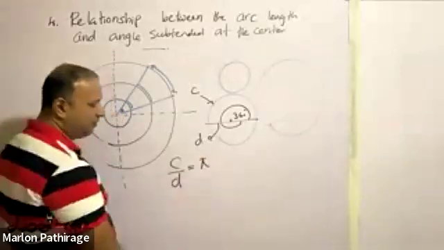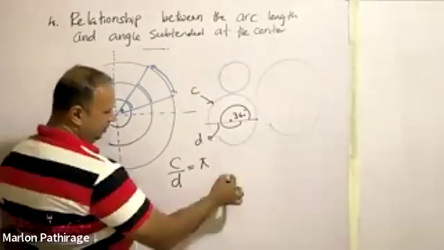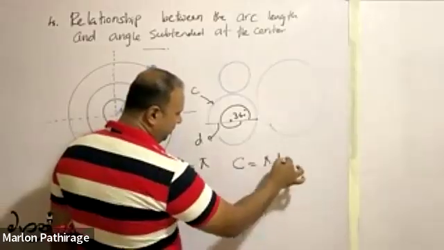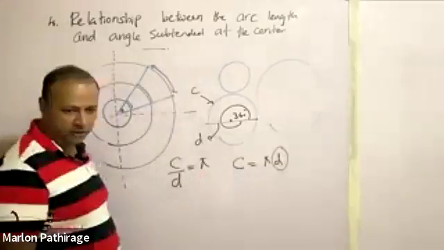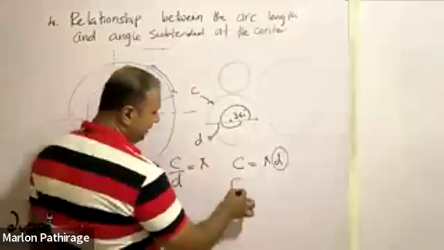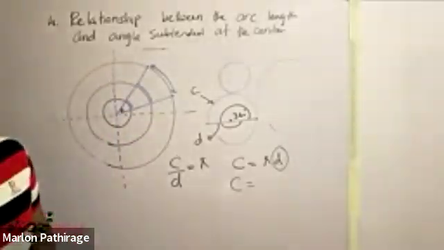That constant is equal to 5. That is why C equals 5D. D means diameter. So if we convert this into radius, C equals 2 times 5 R.